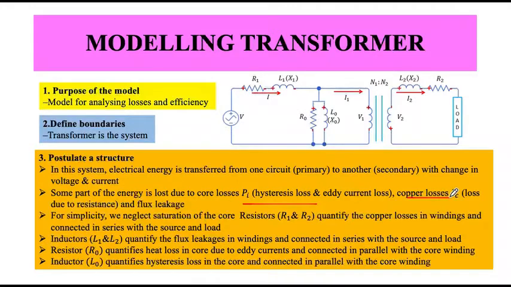Then I give a structure to that. I have a primary winding, a secondary winding, and each of these would have some resistance. Let me call them R1 and R2. There would be some flux leakage in both the windings, which we call L1 and L2.